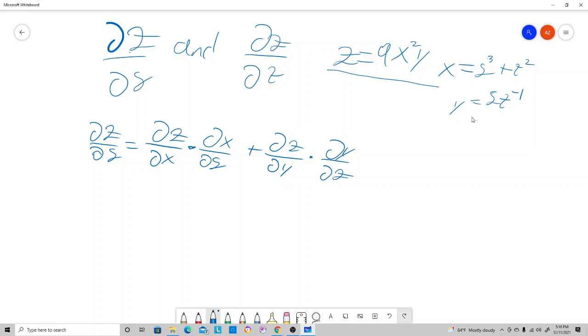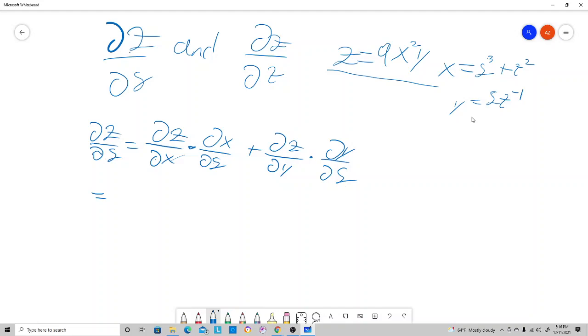Oops, sorry, I meant s. So if you notice, these two partials go together, and then this is always what you're in respect to right here.